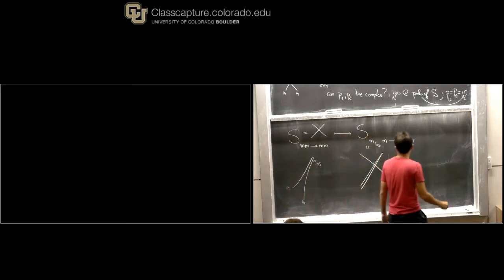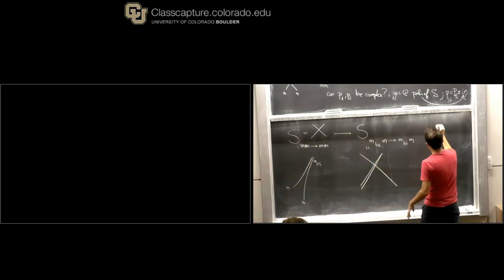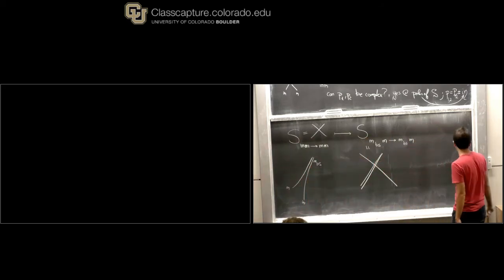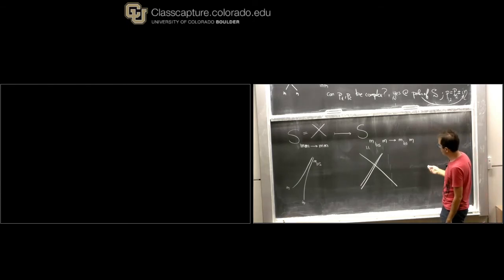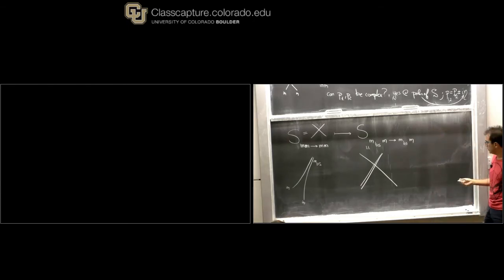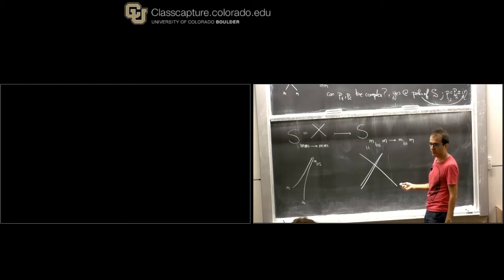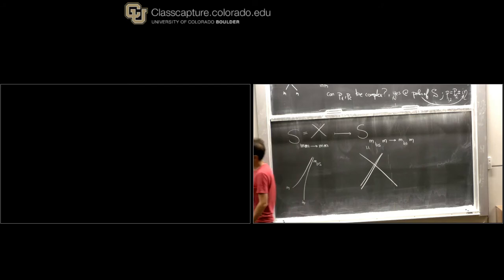And the answer is yes, you can do it. So let me explain how you do it. The basic idea, the basic intuition, let me tell you first the intuition and then we'll go into equations and see how it works, is the following. In an integrable theory, the order in which you scatter particles doesn't matter.